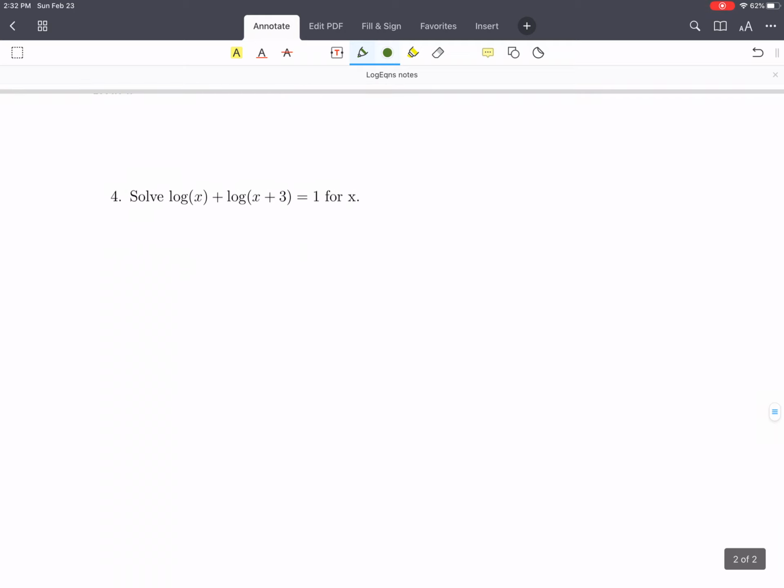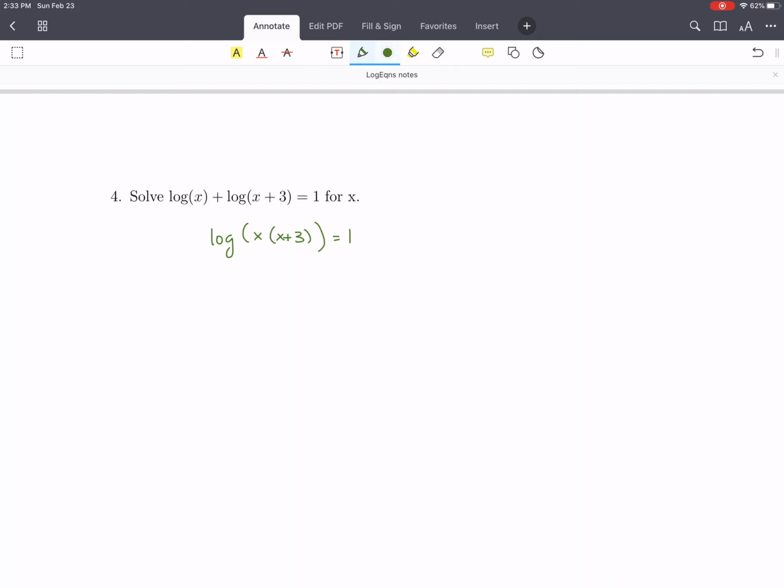So if I'm going to solve log x plus log of x plus 3 equals 1, I'll use the property of logs to say that that's the same as log of x times x plus 3 is equal to 1. Now you can see how I'm going to pick up a quadratic. Well, let's first undo the log.